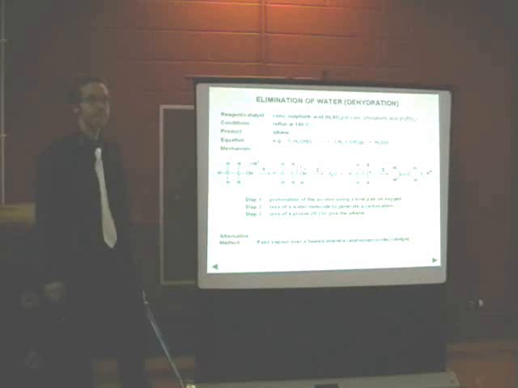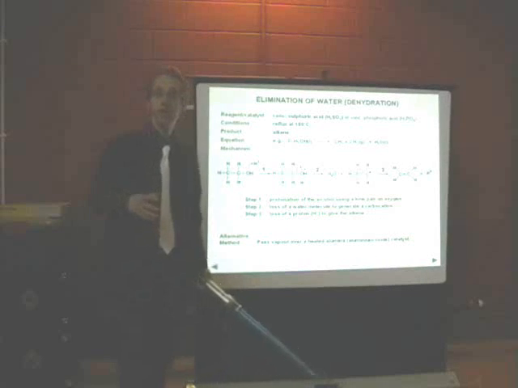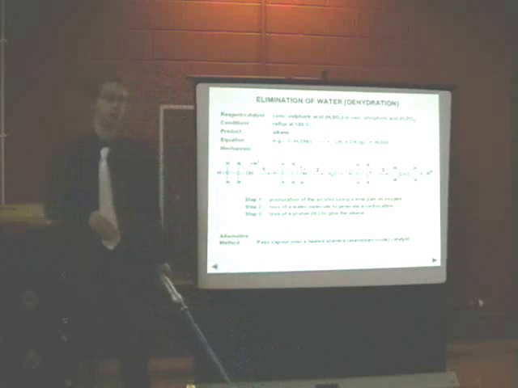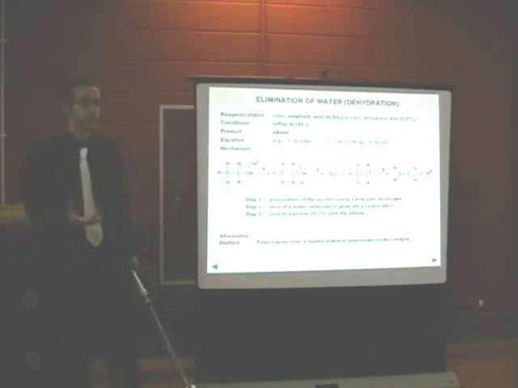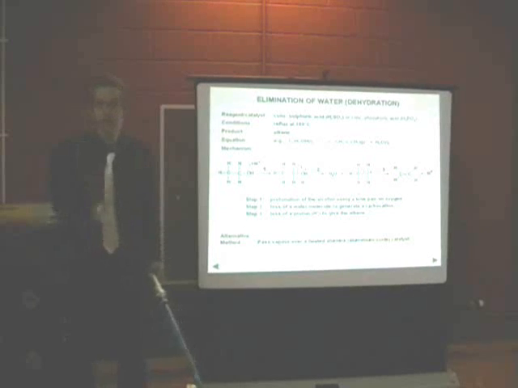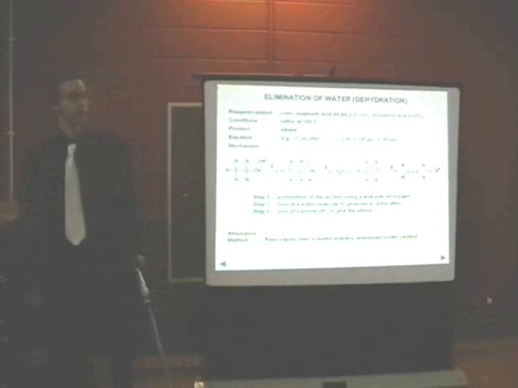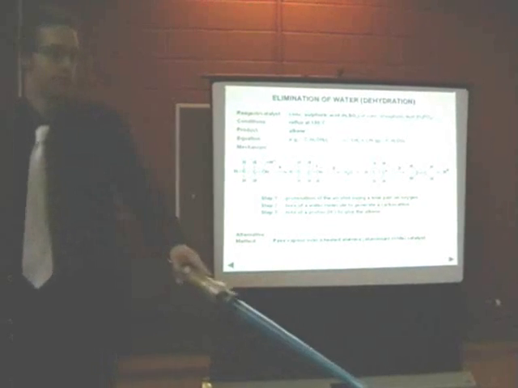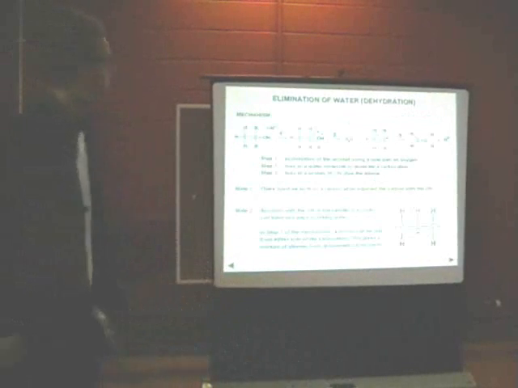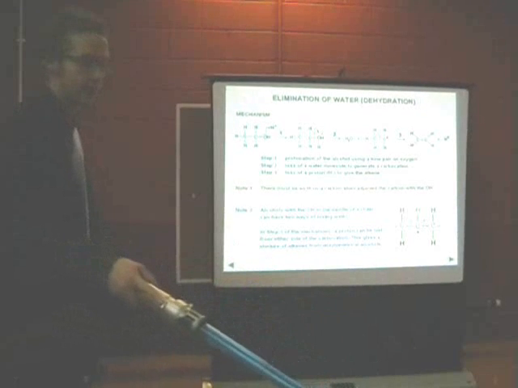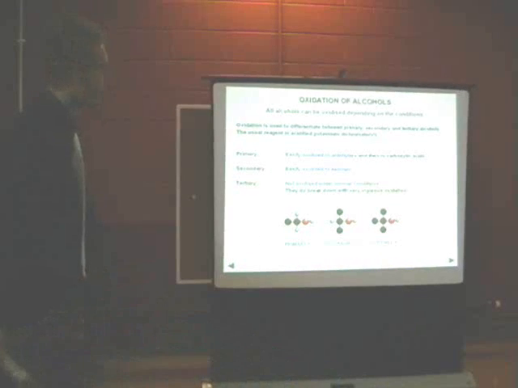Happy with that? So you can dehydrate an alcohol to make an alkene, and previously we looked at how to make an alcohol from an alkene. Direct hydration. So you've got hydration, turning an alkene into an alcohol, and you've got dehydration, turning an alcohol into an alkene. Happy with that? Good. As I said, you don't need to know the mechanism, but it's there if you want it.